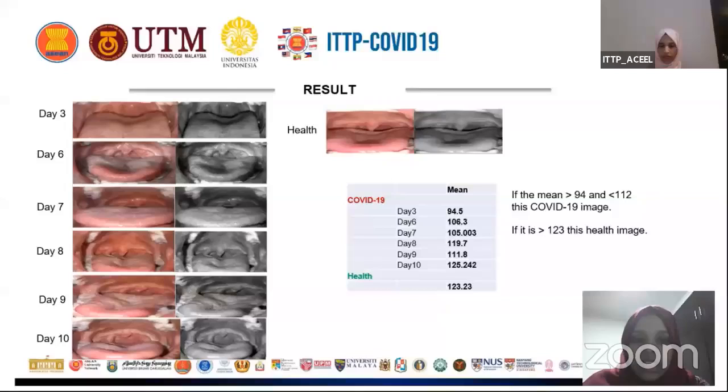That's why the result is very close. So from this assessment, we can see that it mostly works on the early stage of COVID-19. In the early stage, we can differentiate between the COVID image and the healthy image clearly.